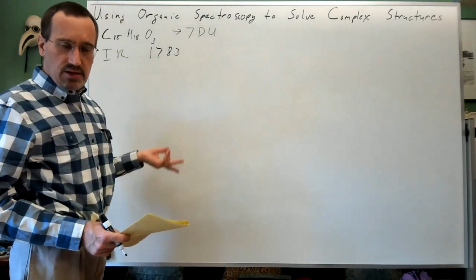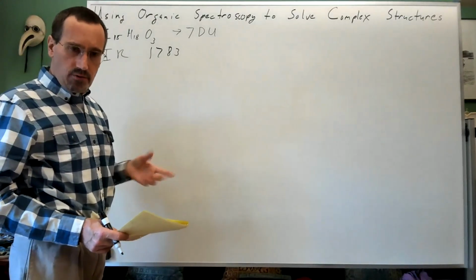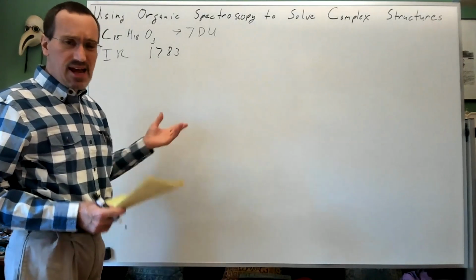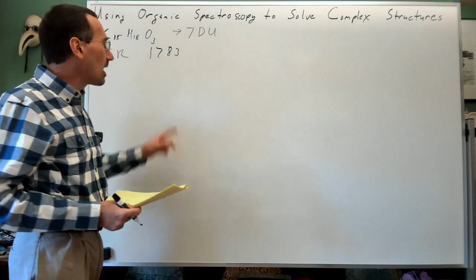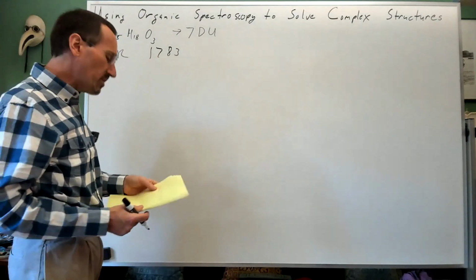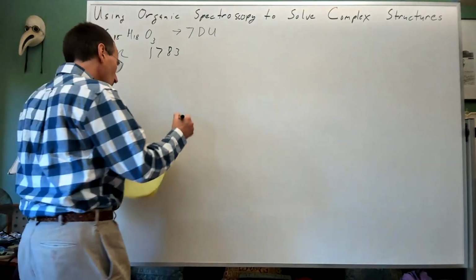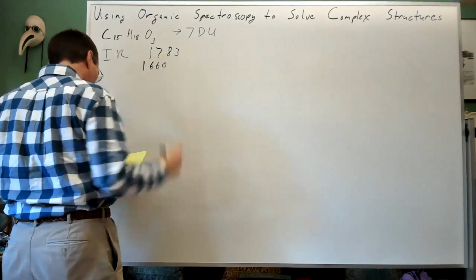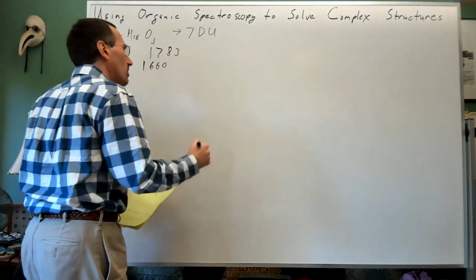It's consistent with a strained ring or an electron withdrawing group on a carbonyl, but not an acid chloride or an acid anhydride. But we saw some examples where maybe you had an enol ether on there. We also have another carbonyl peak, or at least what looks like a carbonyl peak.